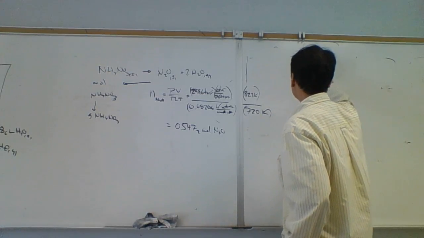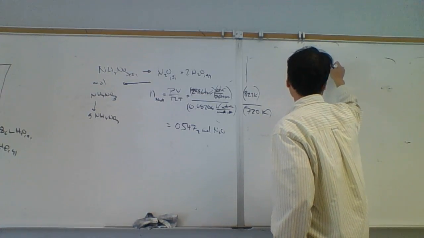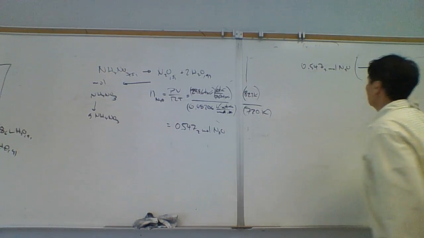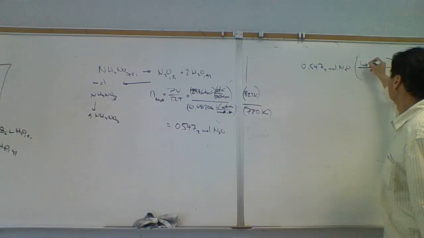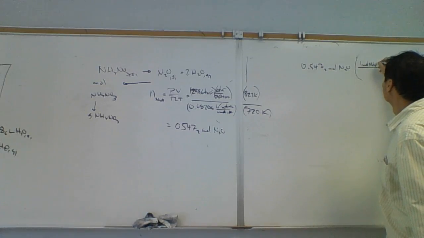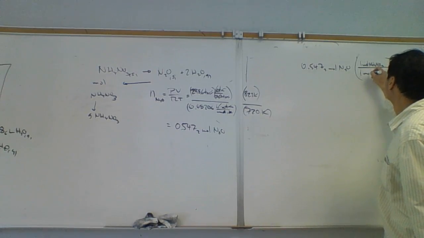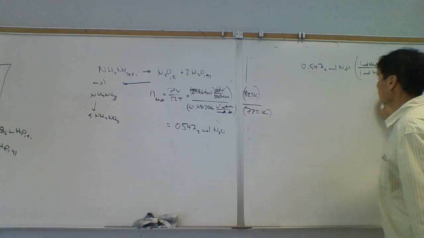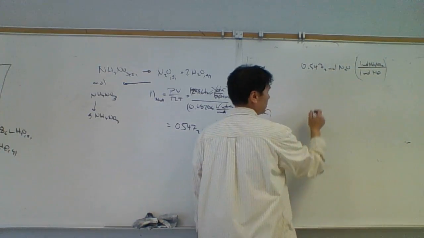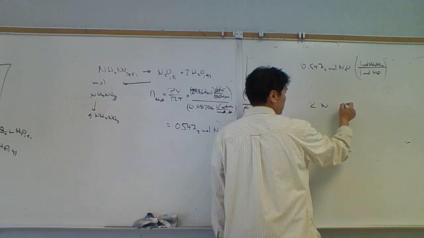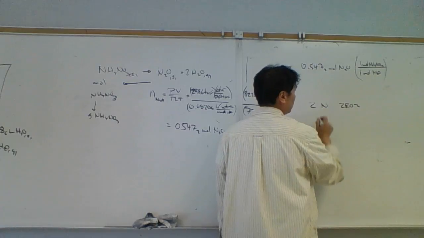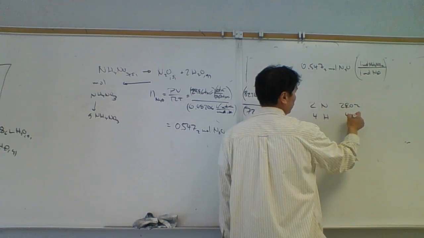I have my 0.5472 moles of nitrous oxide, 1 mole of ammonium nitrate per 1 mole of nitrous oxide. Okay, then I need the molar mass. I have 2 nitrogens. Each one's 14.01, so 2 of them will be 28.02. I have 4 hydrogens, will be 4.04.